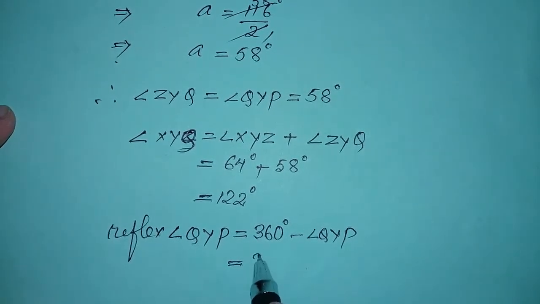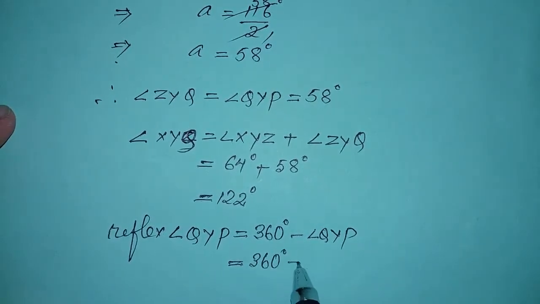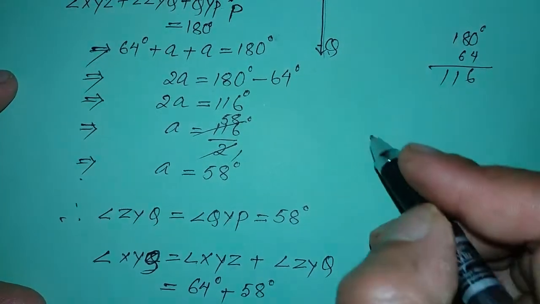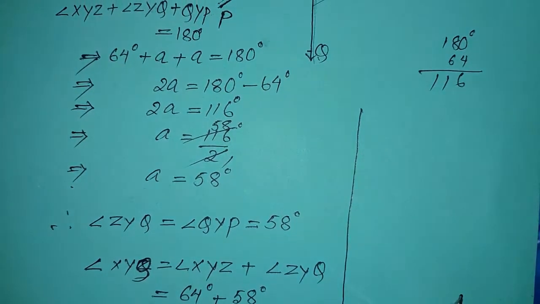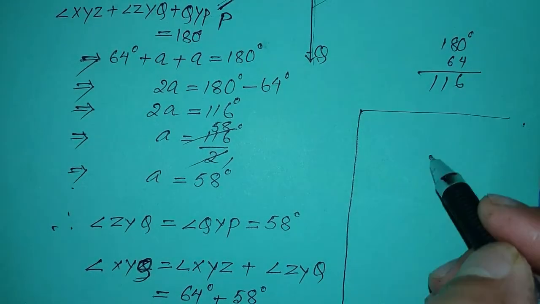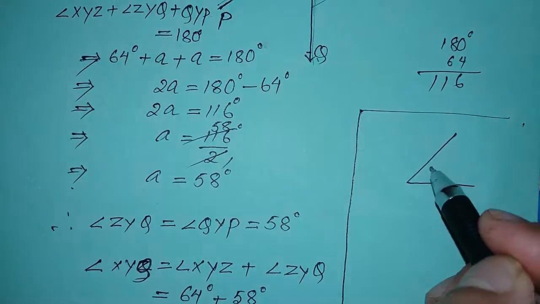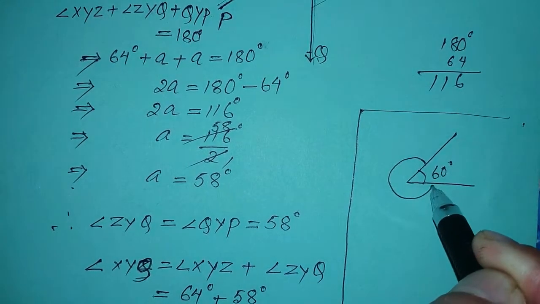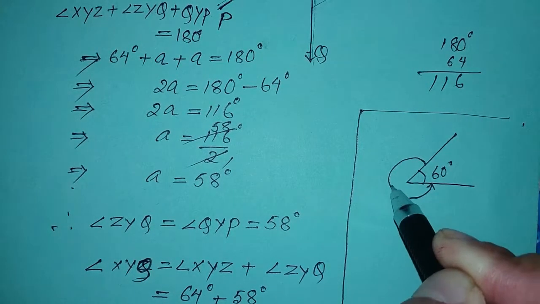This is 360 degree minus 58 degree. As I have explained earlier in the previous video, supposing we have an angle here, let's say this is 60 degree, and now we want to find out this backside angle, which is the reflex angle.